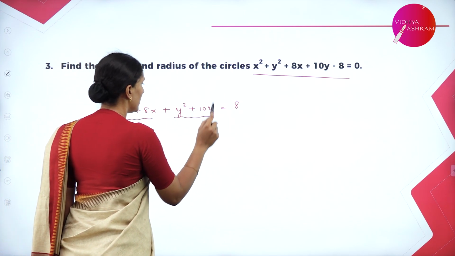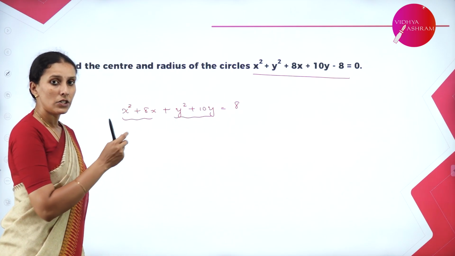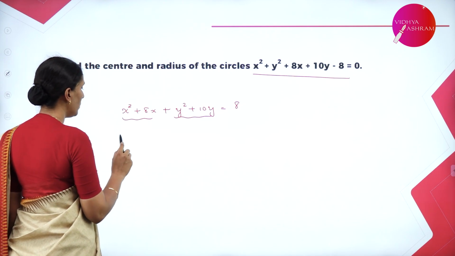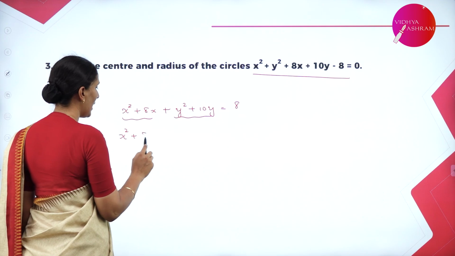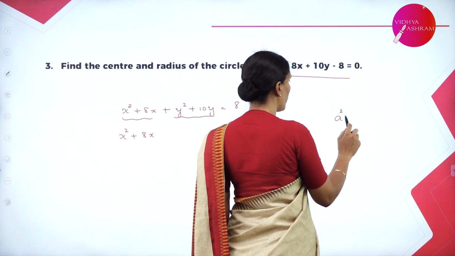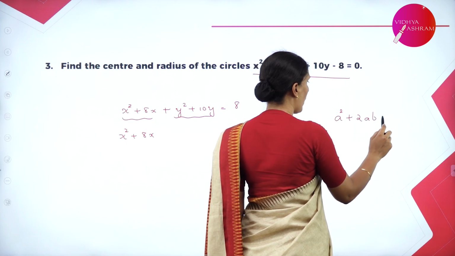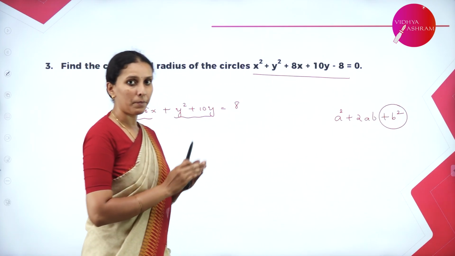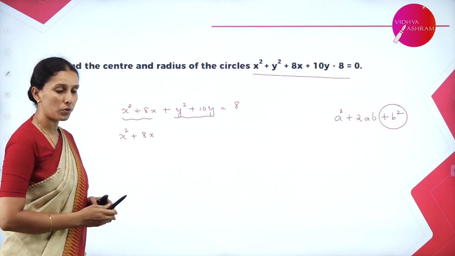Now we have these two terms separately. So use the concept of completing the square method. Here, x square plus 8x. Use the concept of a square plus 2ab. Now I need to add b square here. Whatever you are adding, b square, to make it a perfect square, you add it on both sides.